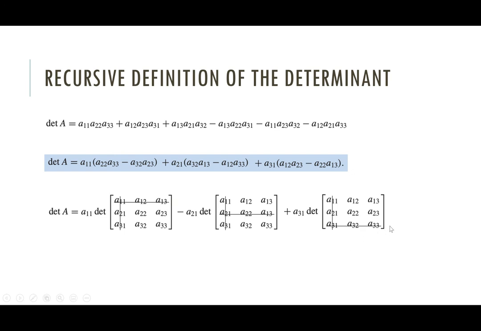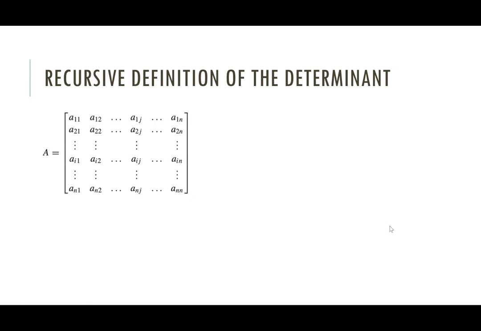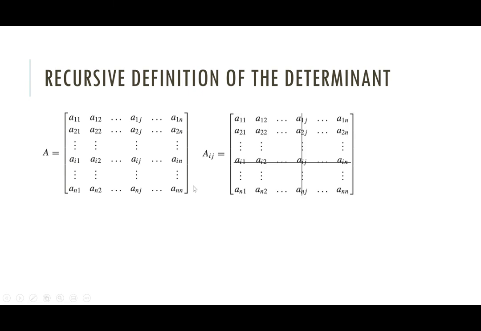So, what's the pattern? Well, first they say, if your matrix A is just a general n by n matrix, then capital A sub ij is the term they use to describe the n minus 1 by n minus 1 matrix that you get by crossing out row i and column j.